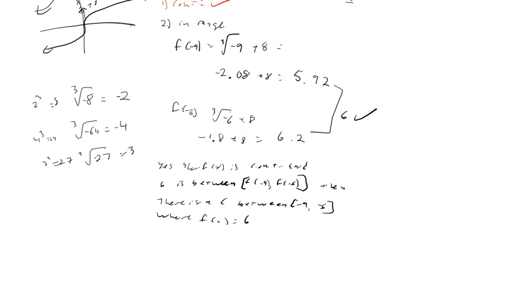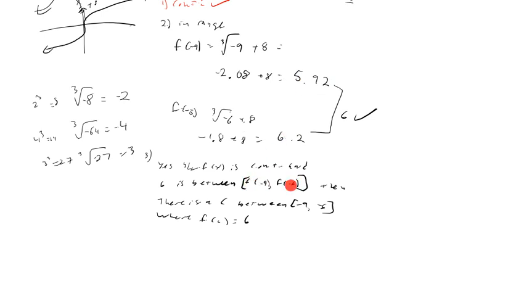That is the statement we would write. Yes, since f is continuous, and 6 is between f of -9 and f of -6, you can put the estimated values right here if you want, but I would not risk it. I would just put these.